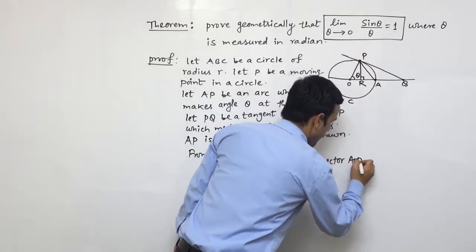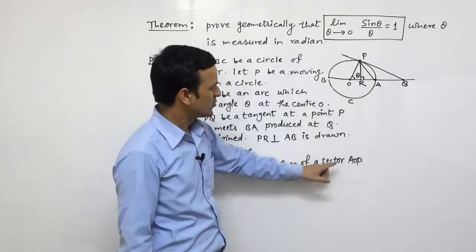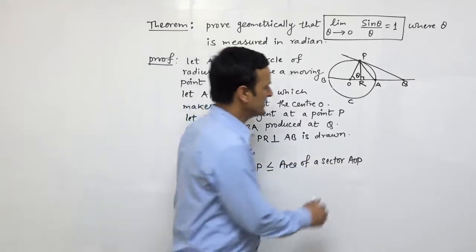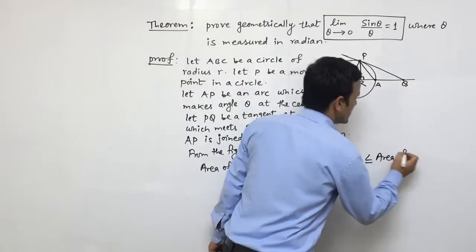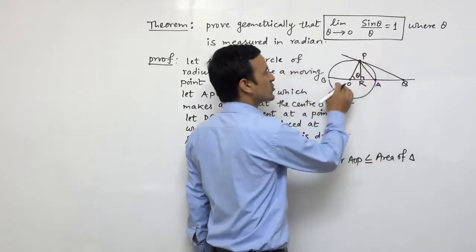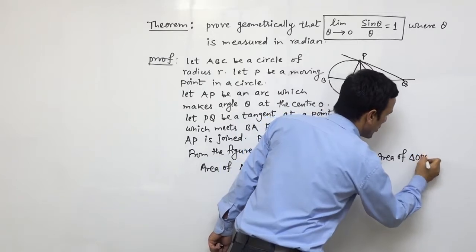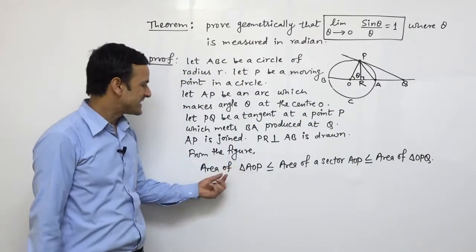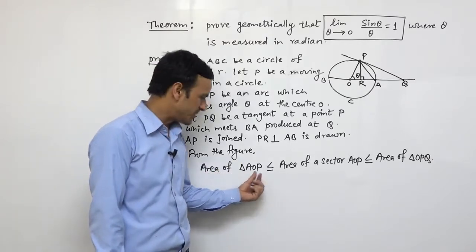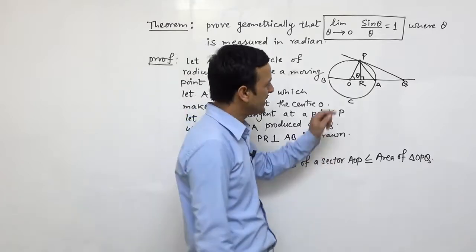Sector AOP, this is the one of the sector, which is not a triangle, only sector, and less or equal to area of triangle, the largest one. OPQ is the largest one, OPQ. So from figure we can see that area of triangle AOP is less or equal to area of sector AOP.